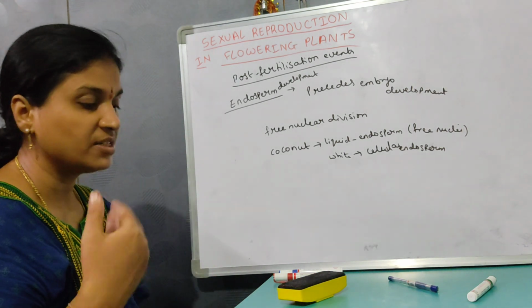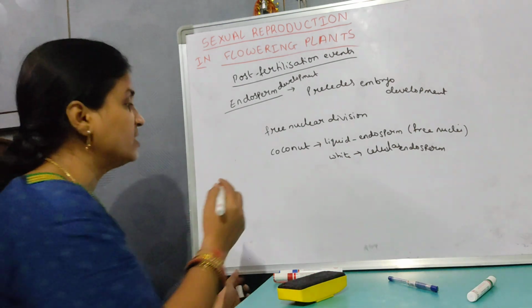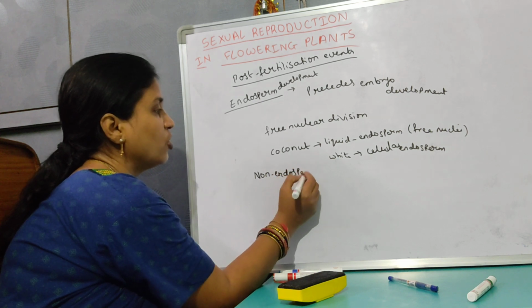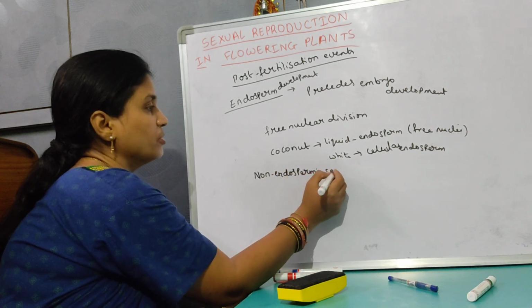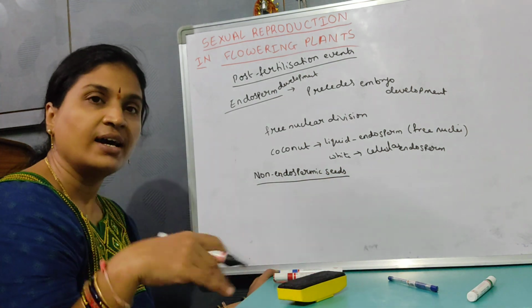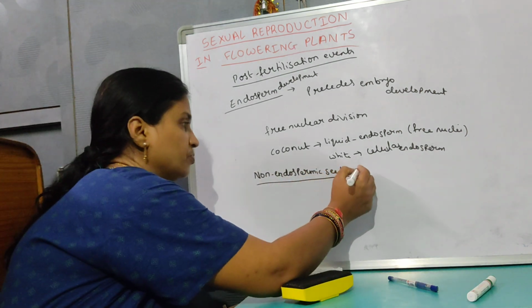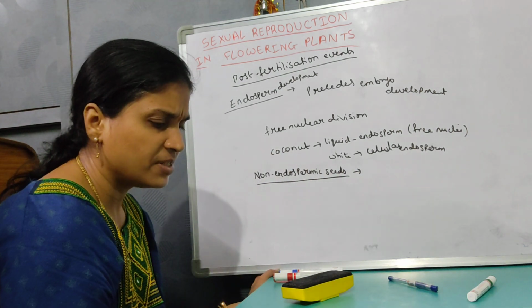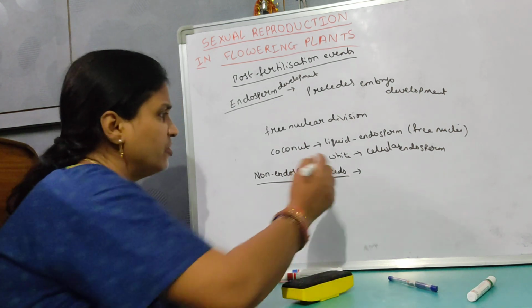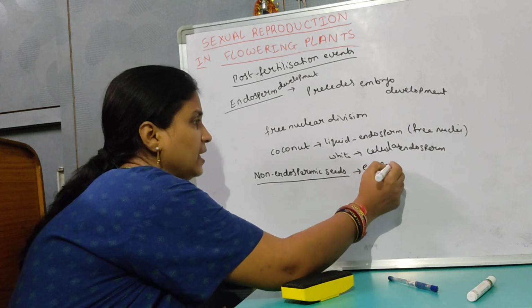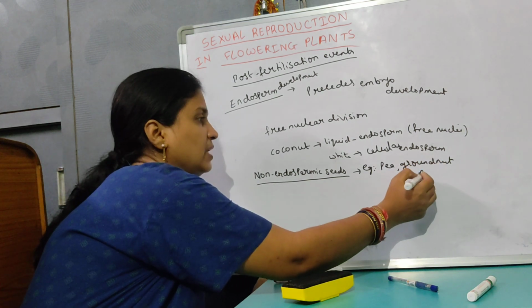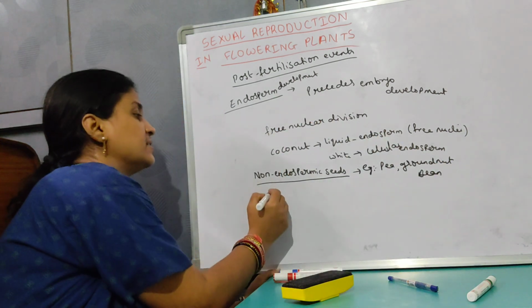Such seeds are called non-endospermic seeds, where inside the seeds we cannot see the endosperm, because already it is consumed by the embryo. Examples are pea, groundnut, bean.